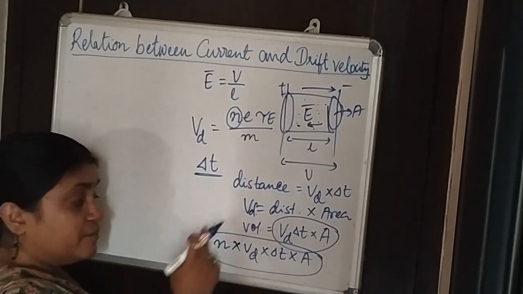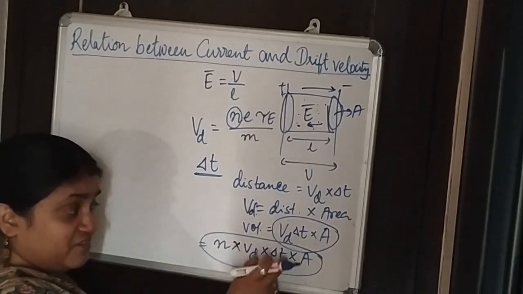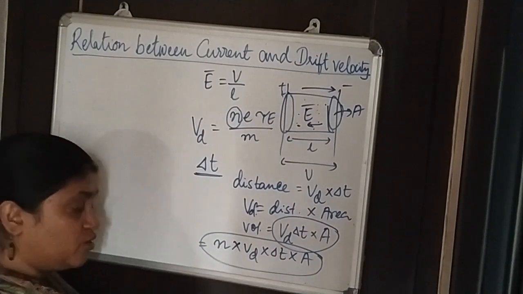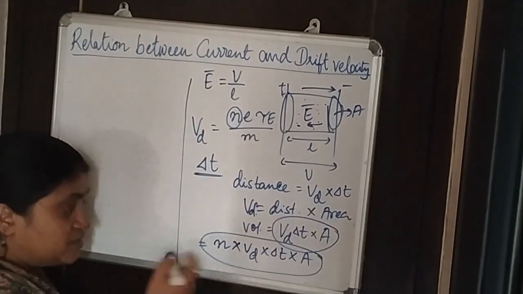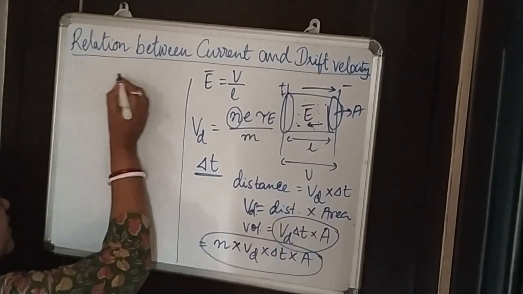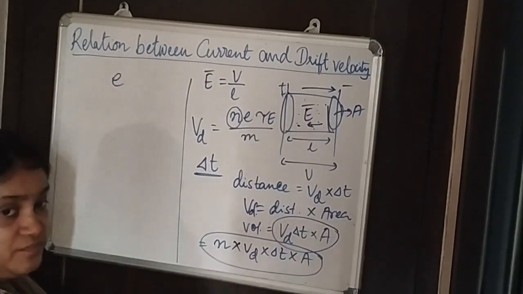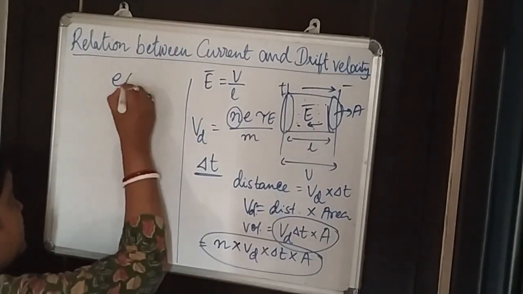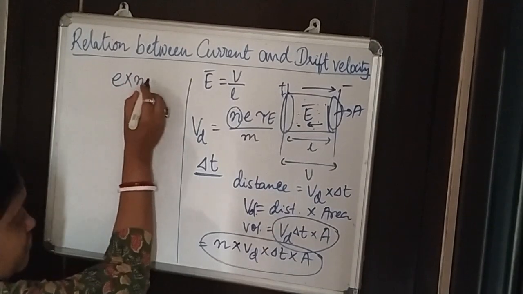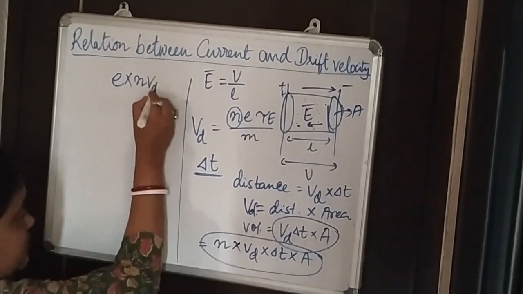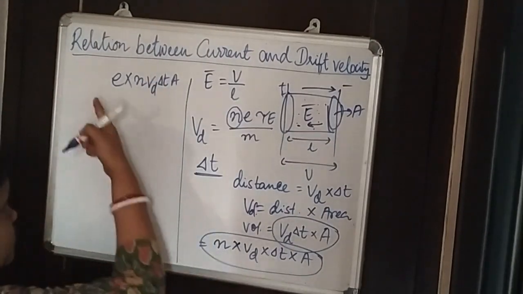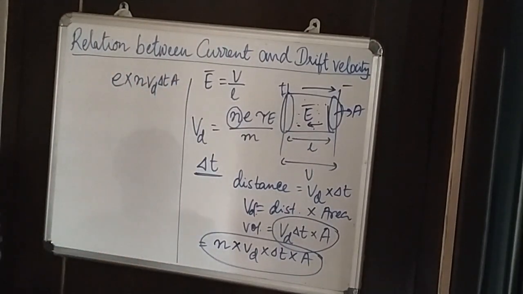If I have to calculate the total charge, I know that each electron has a charge e, and therefore this many electrons will have a charge which is just the multiplication of n Vd del t into A by e.